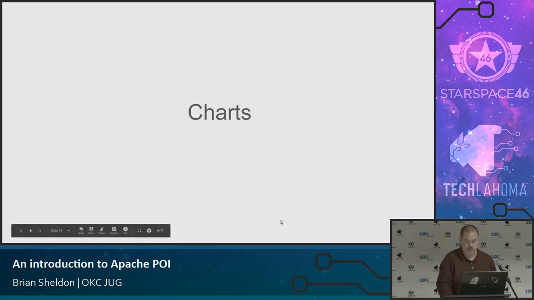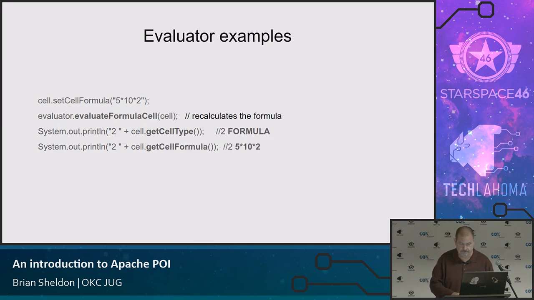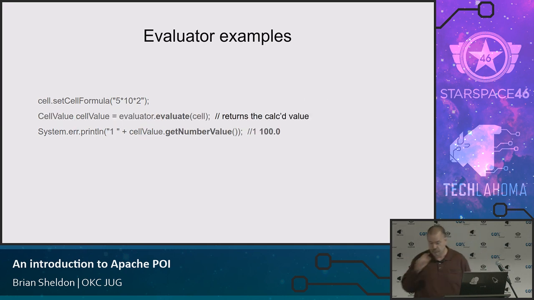Question. So I saw these examples looking at the numeric cell value and things like that with specific naming methods. Is there a way to get the value of a cell as it's displayed in Excel without specifically specifying the type? That is to say, I just say get value instead of get numeric value. Can you repeat the question?